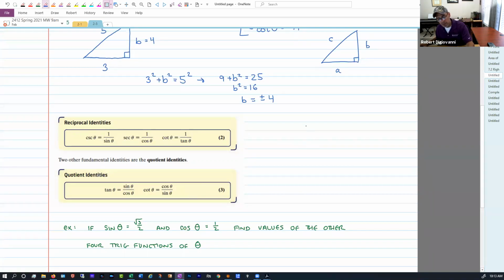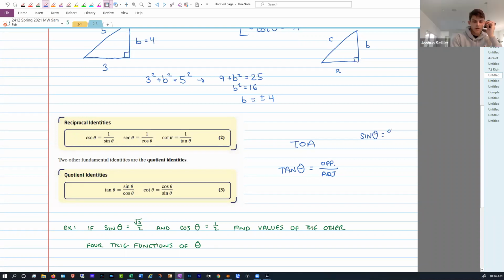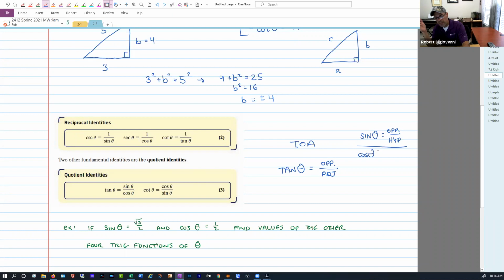Okay, so let's see. Tangent is TOA, right? SOHCAHTOA. So tangent of theta is opposite over adjacent. But what's sine? Sine is opposite over hypotenuse. What if we took that and divided it by cosine theta?